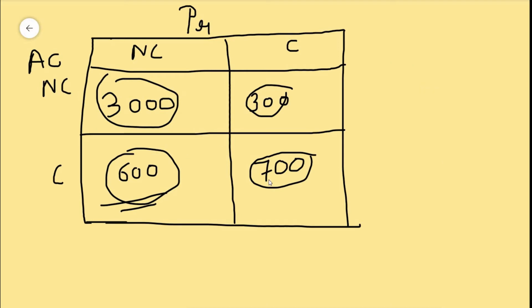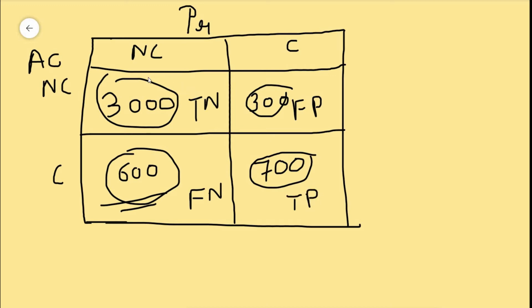These fields which we saw just now are known as true negative, false positive, false negative, and true positive.